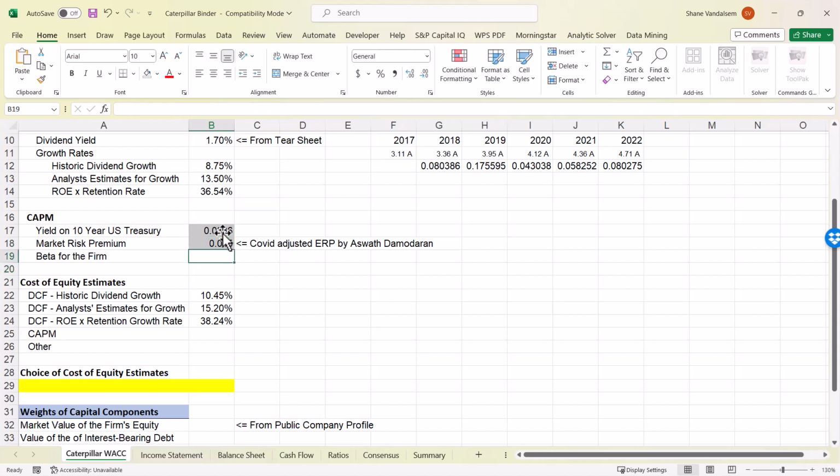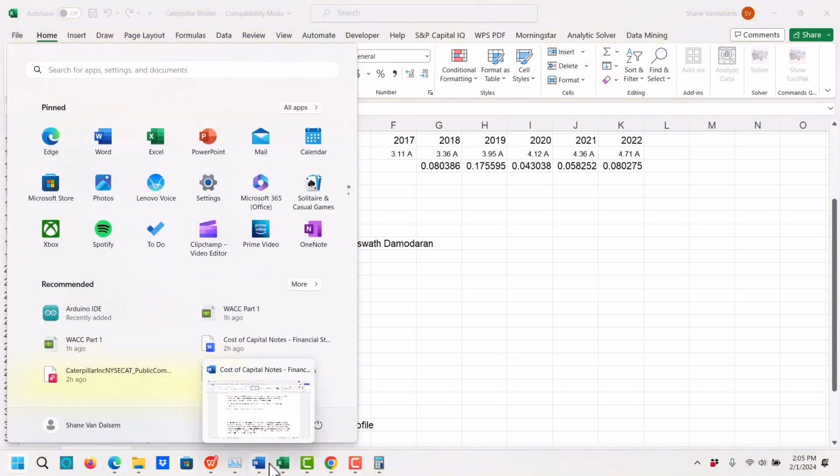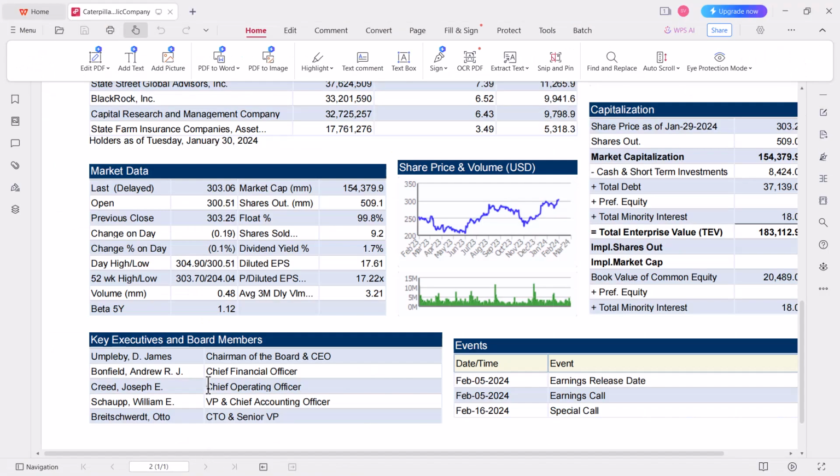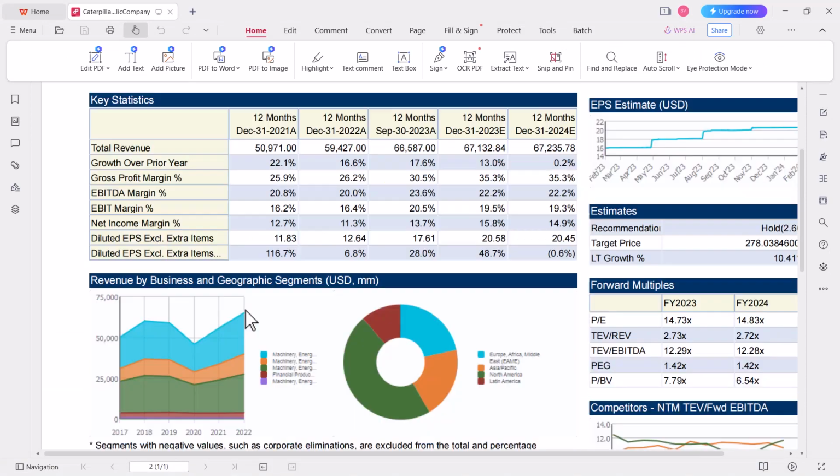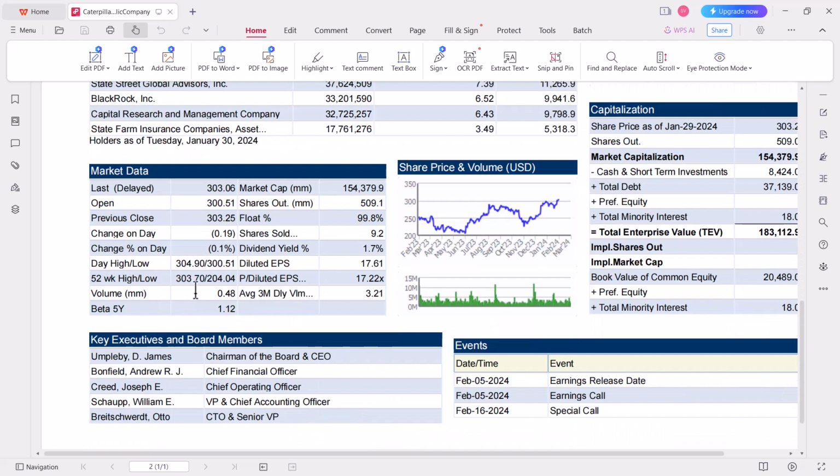And so the beta for Caterpillar, we can go out and find that as well. And that is on that tear sheet that we talked about earlier. The beta for Caterpillar is 1.12, so it's a little bit more sensitive to market fluctuations than the average stock, but not much.